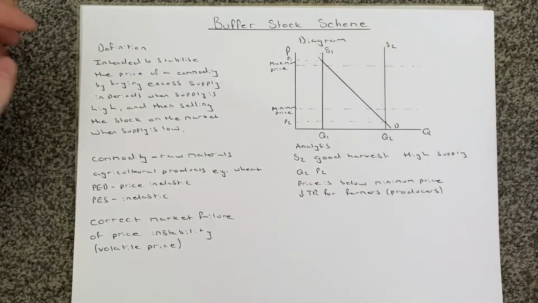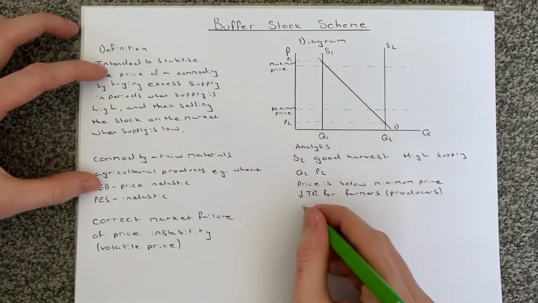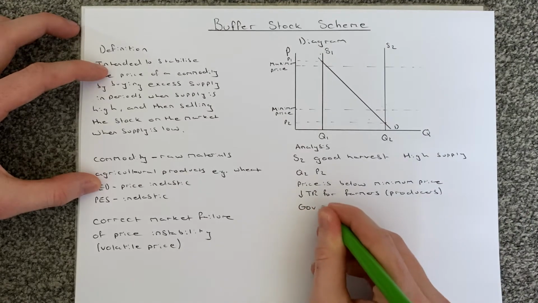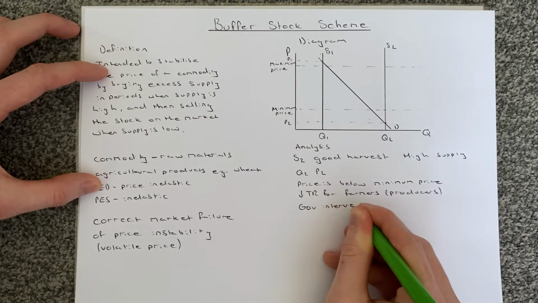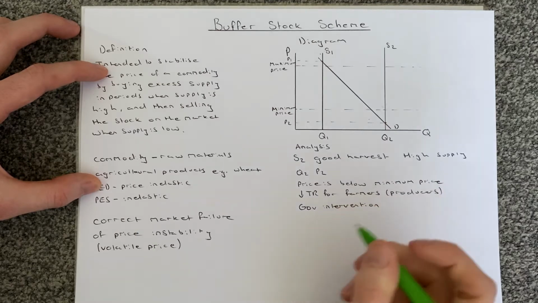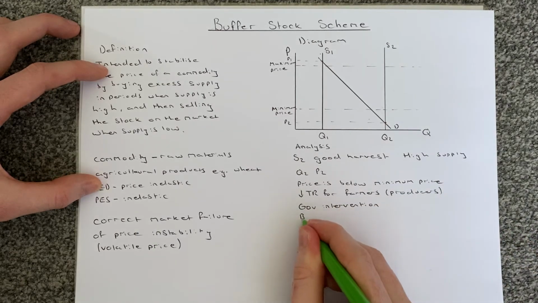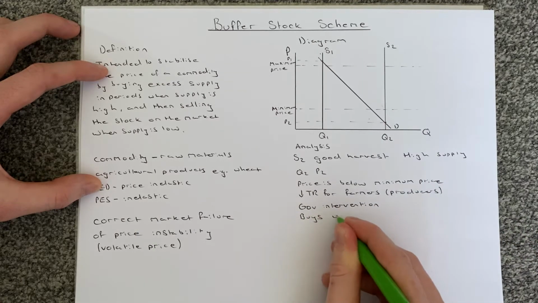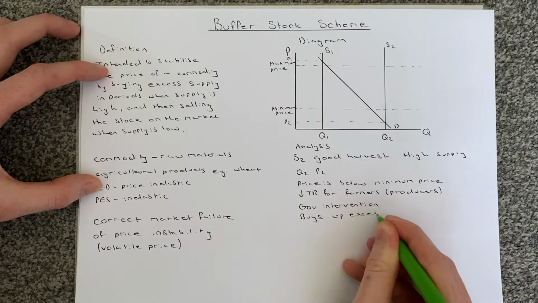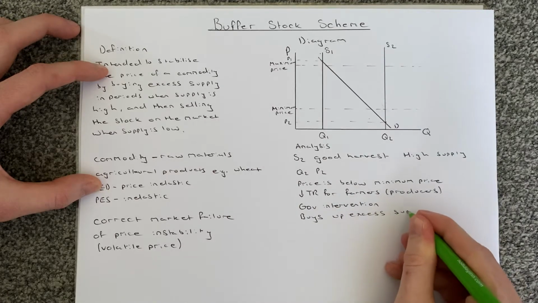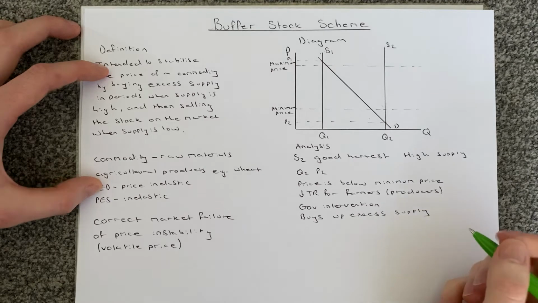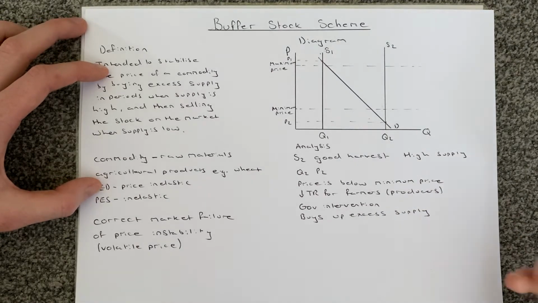So what's going to happen? Well, the government intervenes. And what does the government do? The government buys up excess supply. What does this mean? Well, that artificially increases demand.